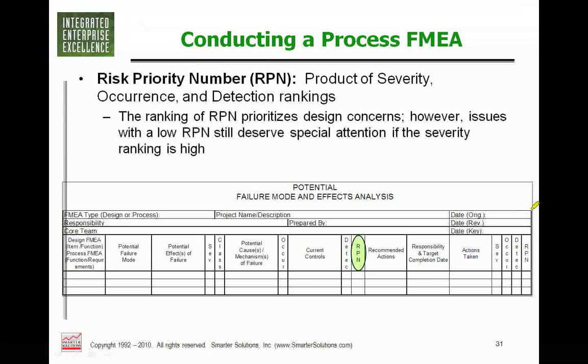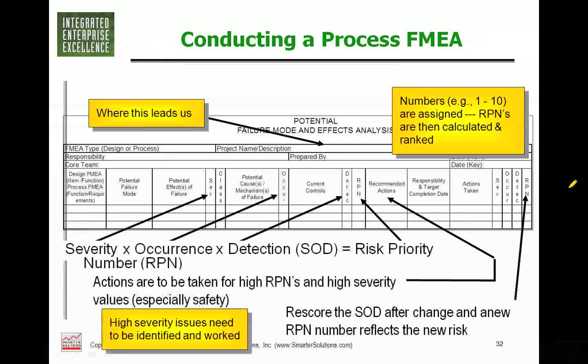And that gives us an idea of the priorities of each of these relative to each other. So this is kind of showing what really happens over that multiplication. And so again, we end up with the risk priority number for this.